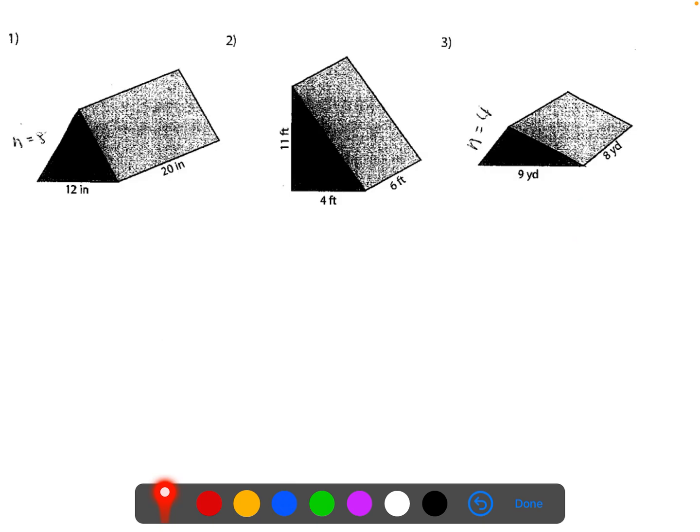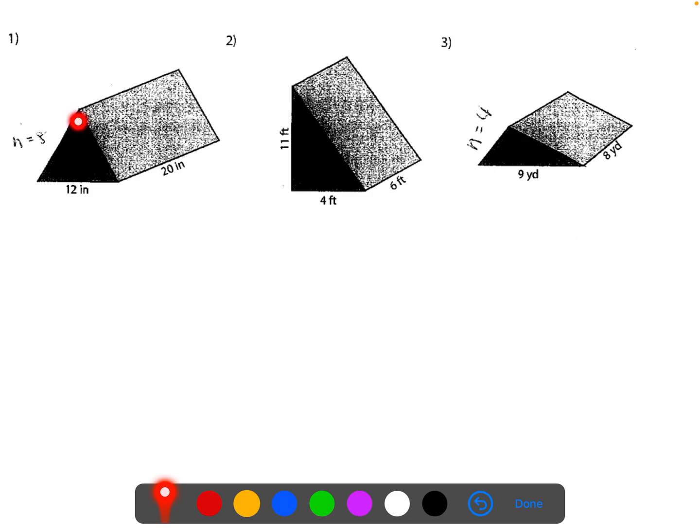All right, so finally, we have some practice, and we're going to be finding the volume of triangular prisms. Now, it tells us right in the heading, these are all triangular prisms.